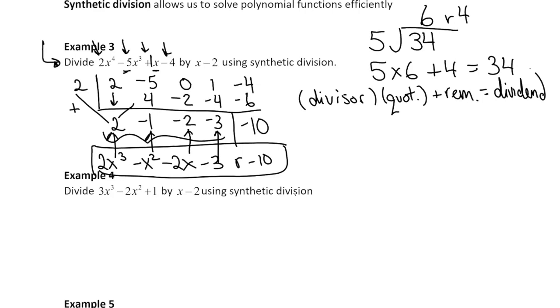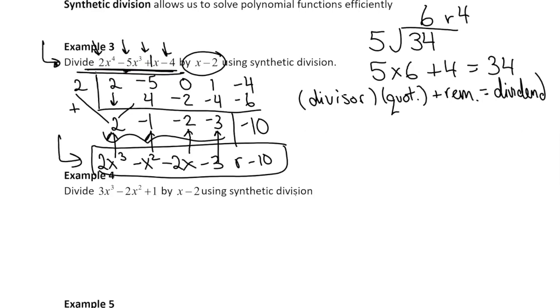And so if you wanted to do a proper check of this, you could say, if I take x minus 2 and I multiply it by my quotient of 2x cubed minus x squared minus 2x minus 3, and I add the remainder of negative 10 to that, I'll come back with the original statement of 2x to the 4 minus 5x cubed plus x minus 4.